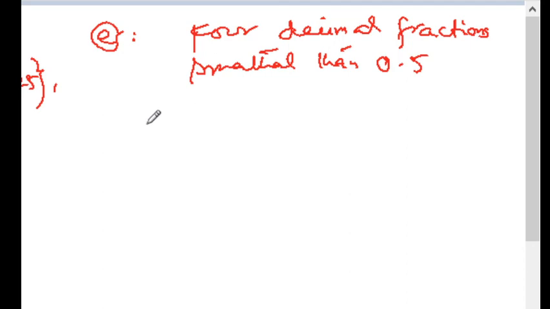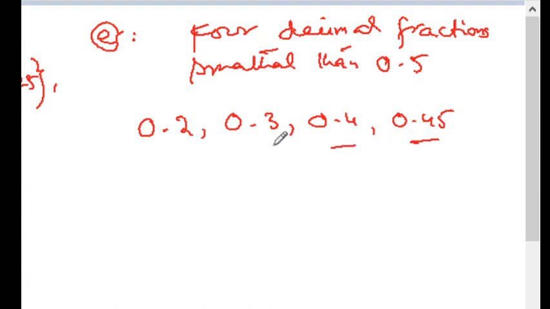Now the first one is 0.2. I'm just saying 0.2 is also less than 0.5. Then second I can take 0.3. Third I can take 0.4, and the fourth I can take 0.45. So these numbers are smaller than 0.5.